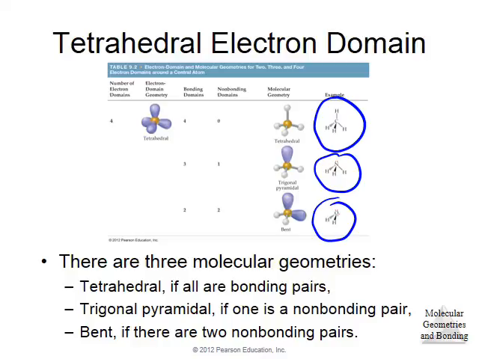So even though electron domain geometry is tetrahedral in each case, in the case of methane all of those pairs of electrons are bonded, so it's also tetrahedral. But in the case of ammonia, one is missing, so it's trigonal pyramidal. In water, two of those corners are missing from the tetrahedron, so it's a bent or nonlinear geometry.